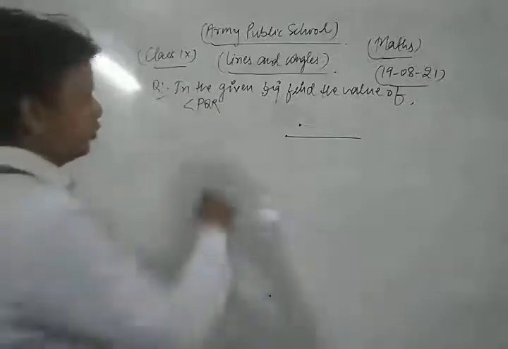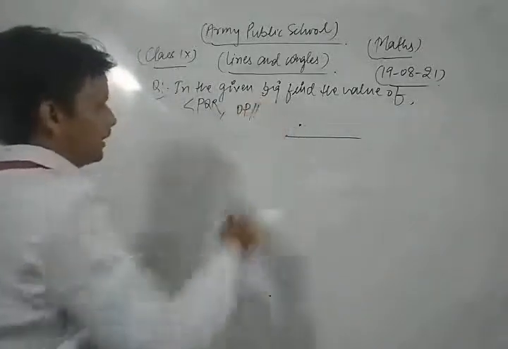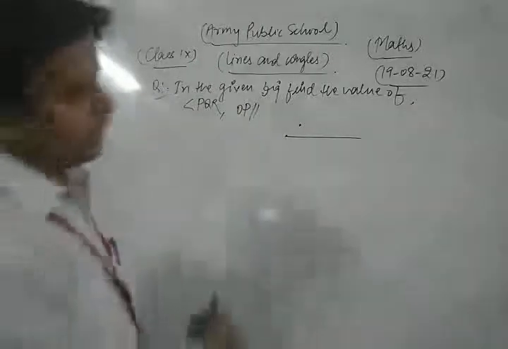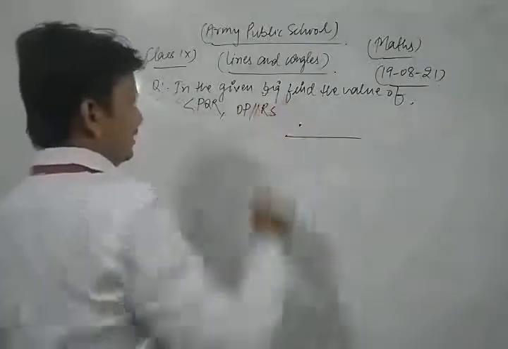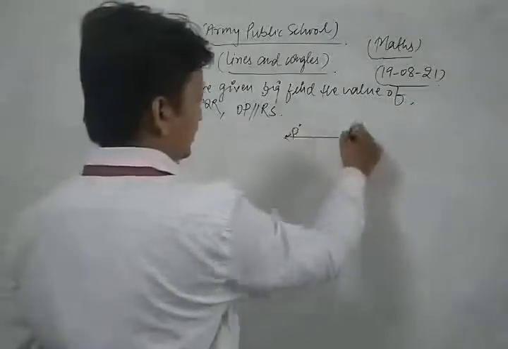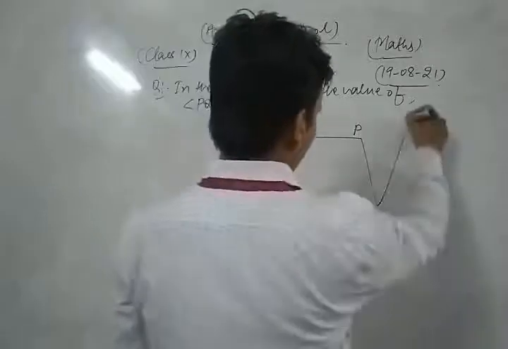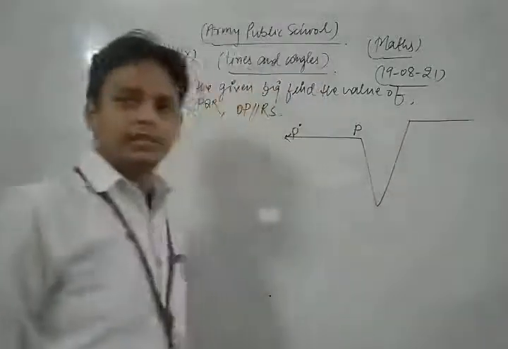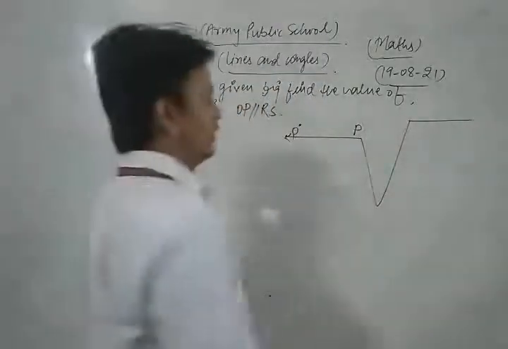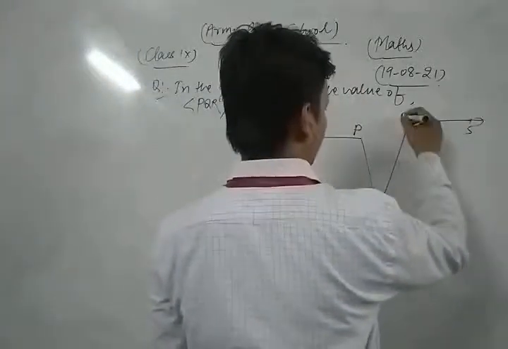Your figure is like this, and it is given that OP is parallel to RS. This is O, this is P, and this is RS.